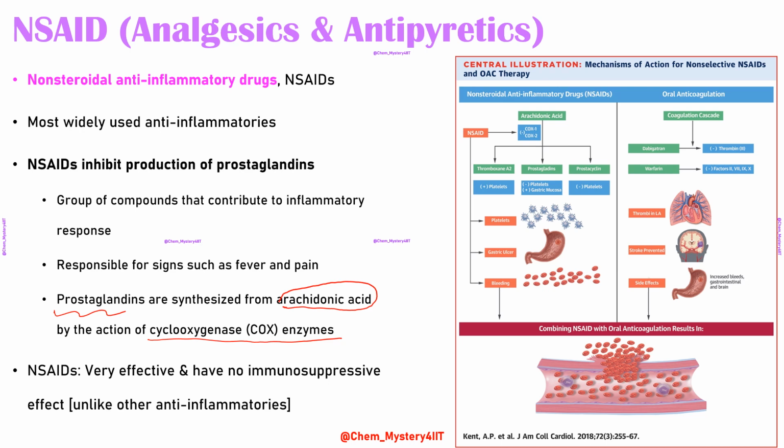The other things here are thromboxane and prostacyclins. Here is the prostaglandin. So COX-1 and COX-2, both of these are responsible for conversion of arachidonic acid into prostaglandin. This is the enzyme involved.